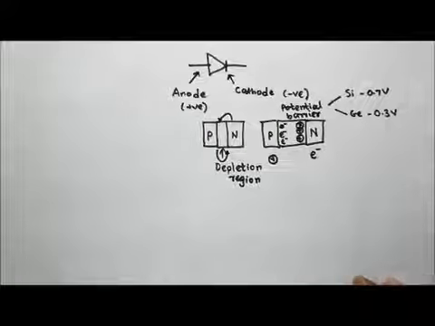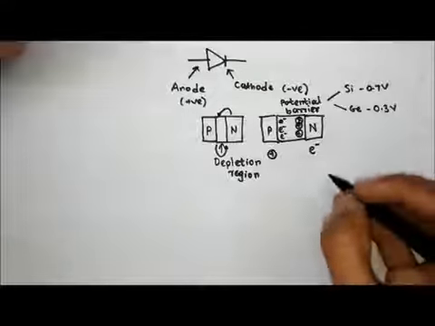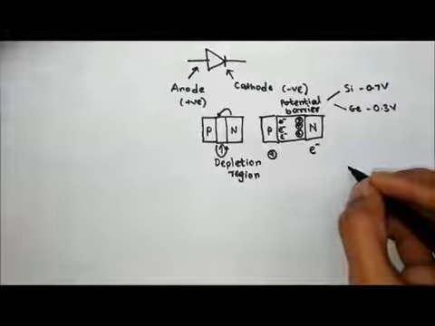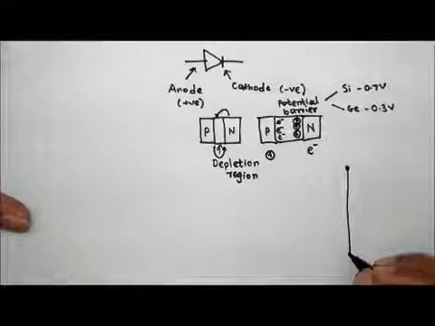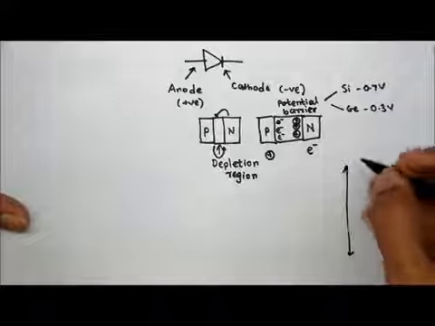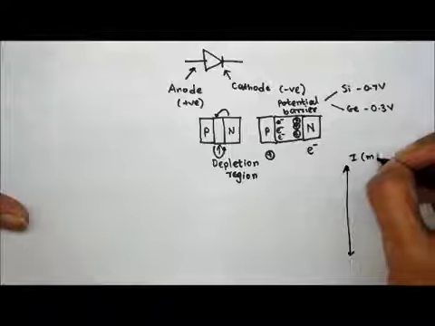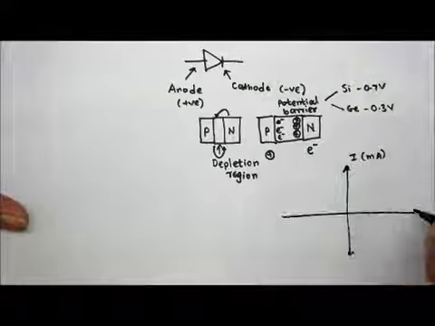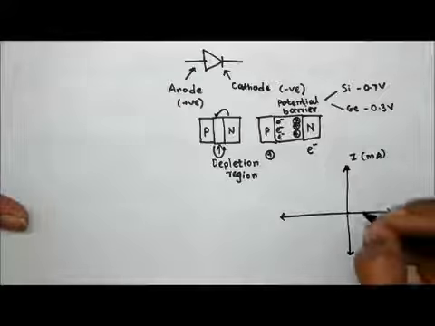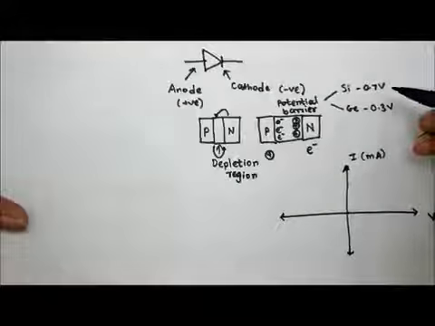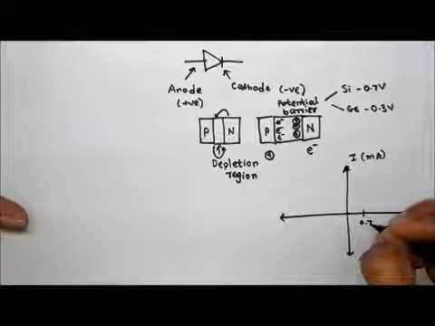Now an important characteristic of diode is the IV characteristics of diode. Let us plot the IV characteristics of a diode. On the y-axis we will be having current, which will be in the range of milliamperes, and on the x-axis we will be having volt. Okay, now as we can see here, silicon 0.7 volt is the barrier potential, so we'll plot 0.7 here.